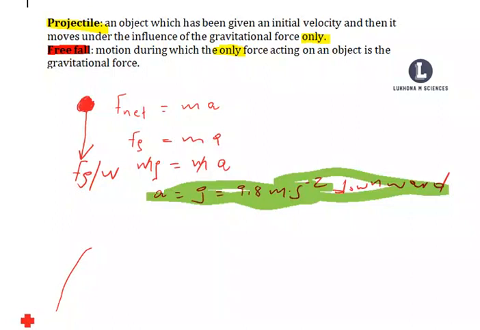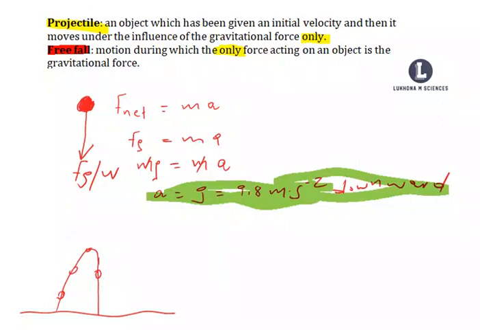Let's say this is the thrower's hand. Then this ball is thrown vertically upwards. This is the ball that is moving upwards. It reaches the maximum point and then it turns back to the thrower's hand.